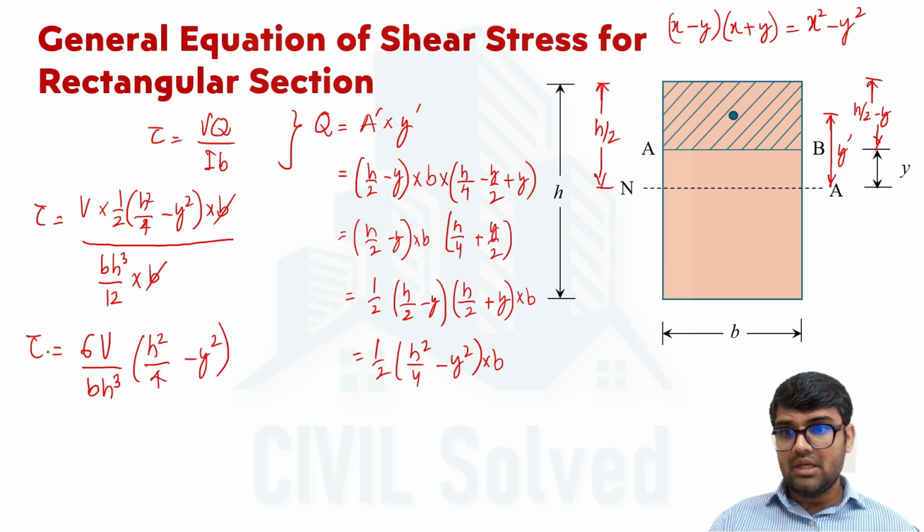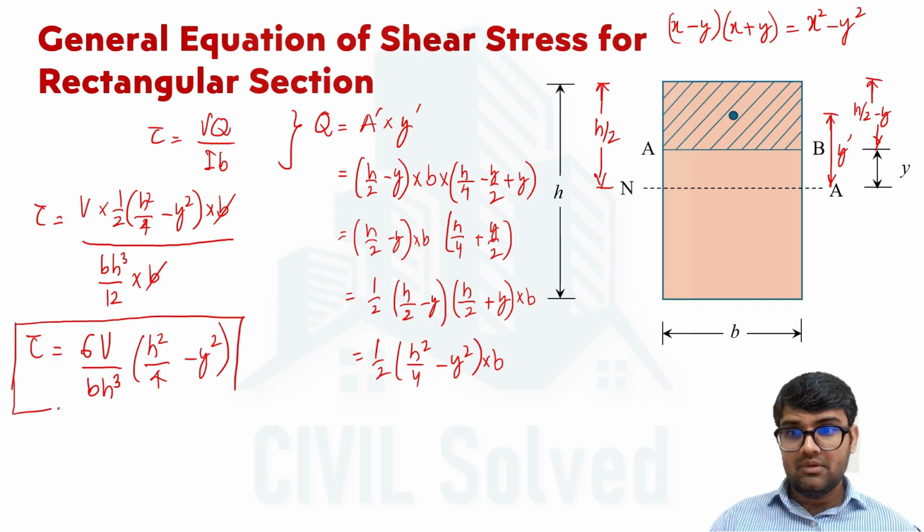Now this is the equation of shear stress for a rectangular section. Here there is only one additional variable, which is y. That's important because we should know where the section is at which we are determining the shear stress. In this case it was some distance y from here.